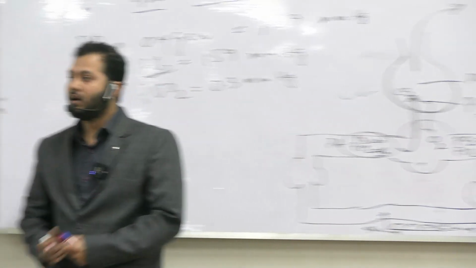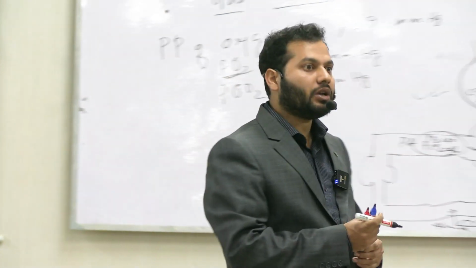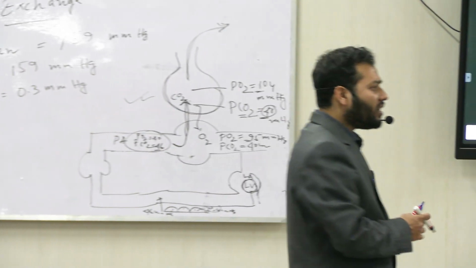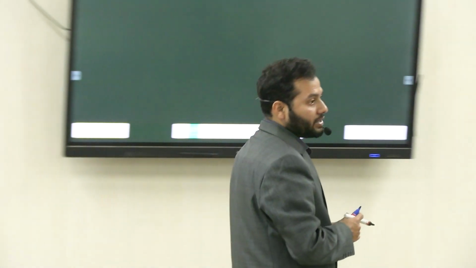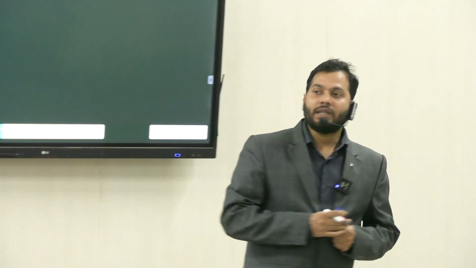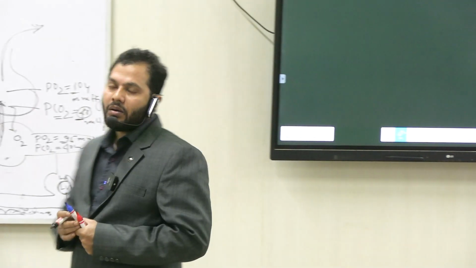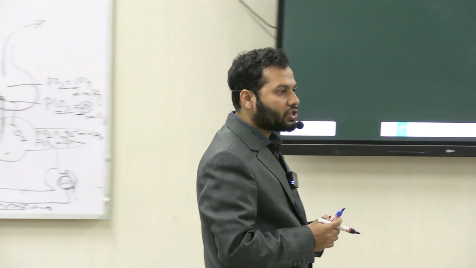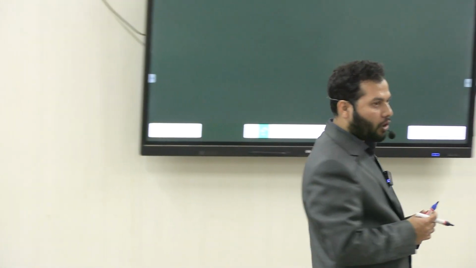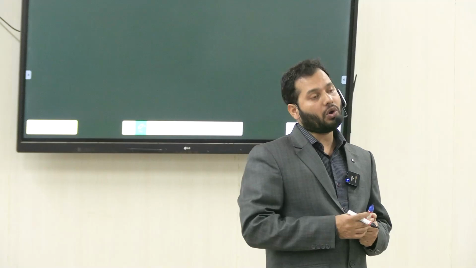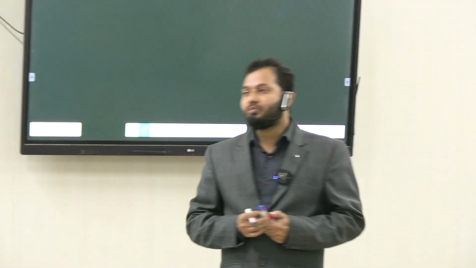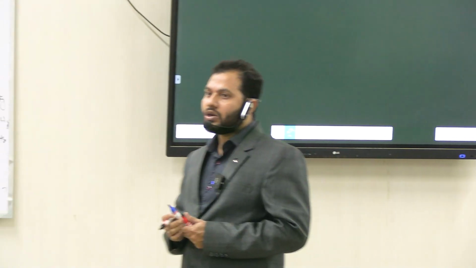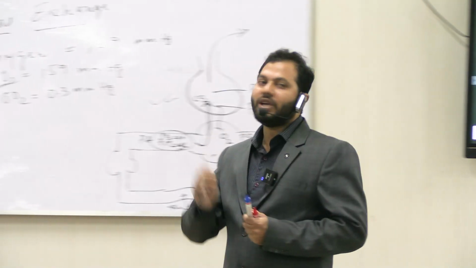Here, during the transport, during the exchange process, there are various factors that affect the binding capacity of oxygen molecules with the hemoglobin. As we know, the transport of gases basically occurs in two ways.